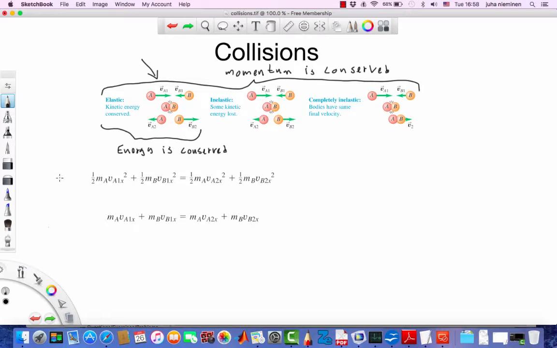Here we have conservation of energy, and here conservation of momentum. For simplicity, we are only considering motion along one axis. So we have two unknowns, VA2 and VB2, if we know the initial velocities, that is.